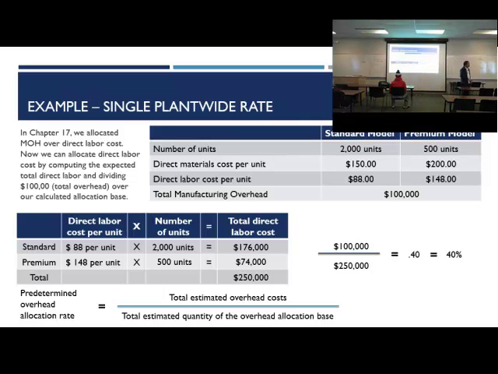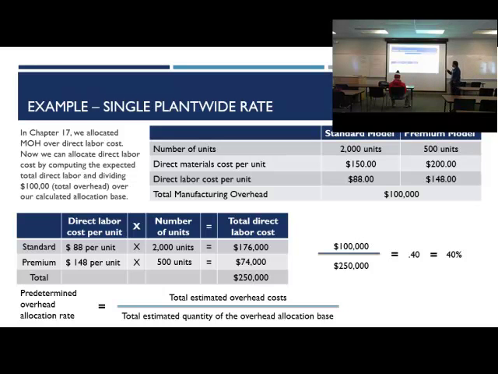Okay. So for every dollar of direct labor that we put into either a premium model or a standard model, we're going to add 40% of that as manufacturing overhead. The other way you can think about it, for every dollar that we actually put in labor, we're going to add 40 cents, because 40% of a dollar is 40 cents. 40 cents of manufacturing overhead.